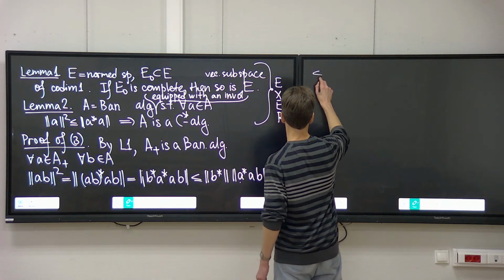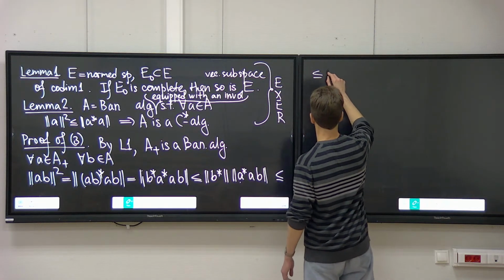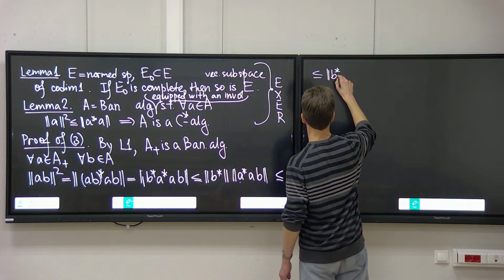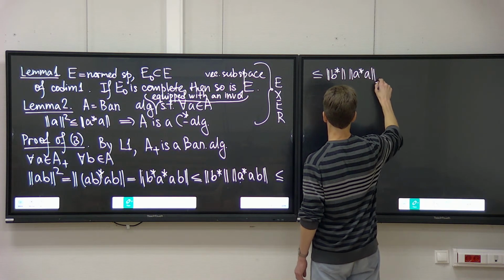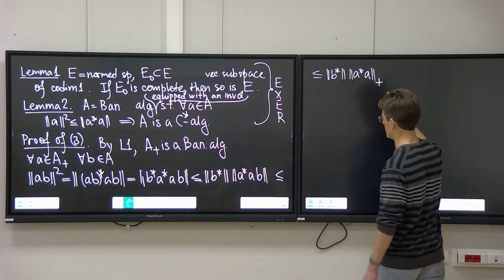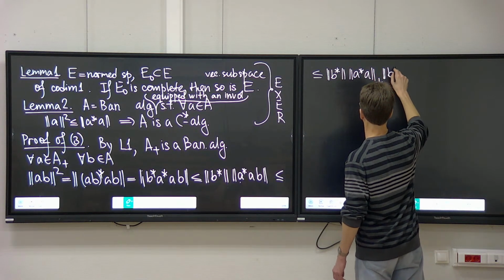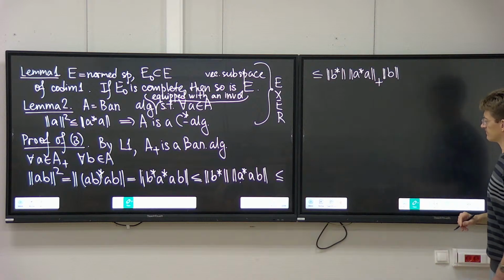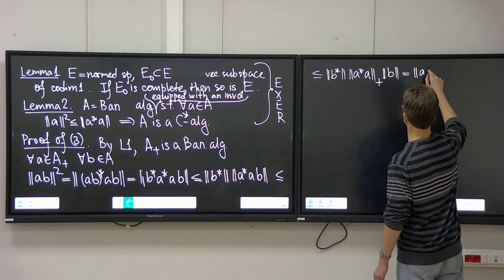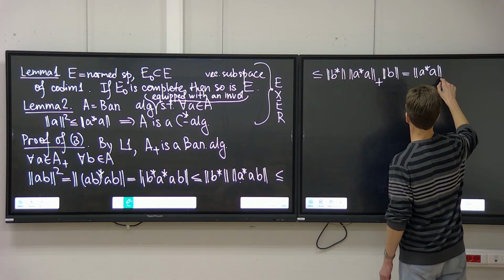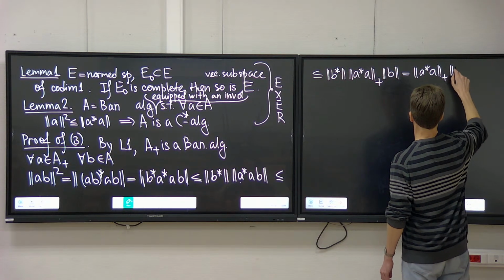By the definition of this norm, this is less than or equal to the norm of b star times the norm of a star a, taking the operator norm on A plus, times the norm of b. So in summary, we get the norm of a star a times the norm of b squared.